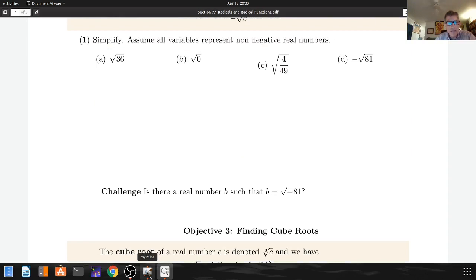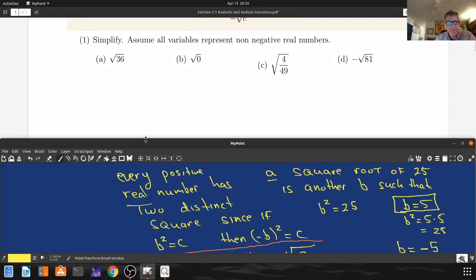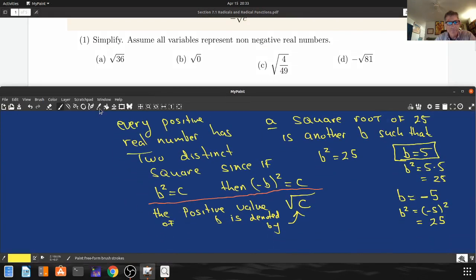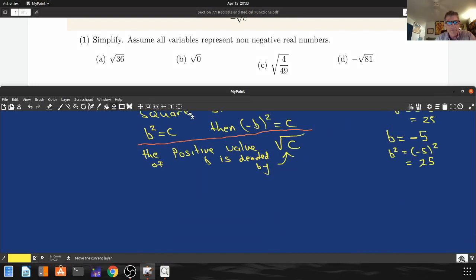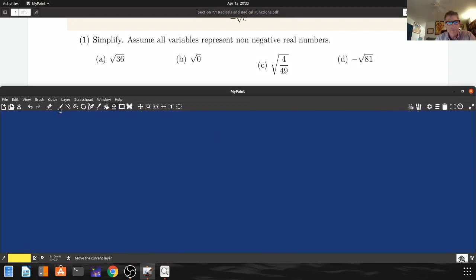Exercise 1(a). I'm looking for the positive square root of 36. So when you see this sign, it doesn't mean a square root. It means the positive square root.